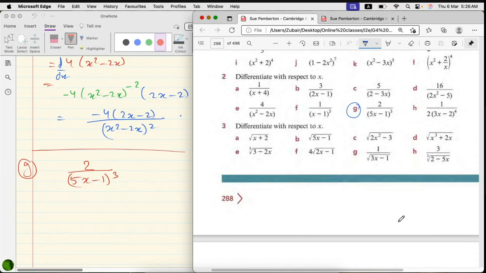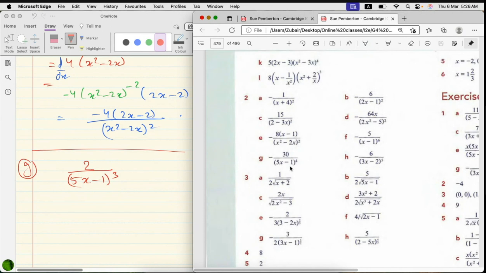Negative 25 over (5x minus 1) to the power of 6. Question 2G. Is this the answer? It's negative 30. Yeah, are you getting this? Negative 30 over (5x minus 1) whole raised to power 4. No, I'm not. Okay, let's try.